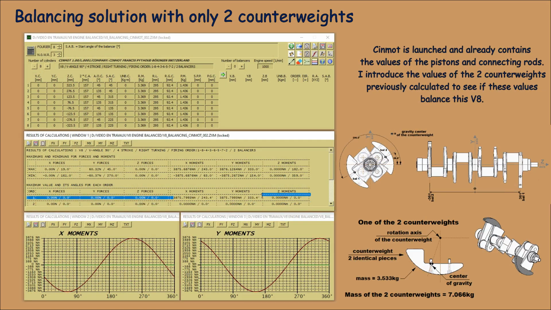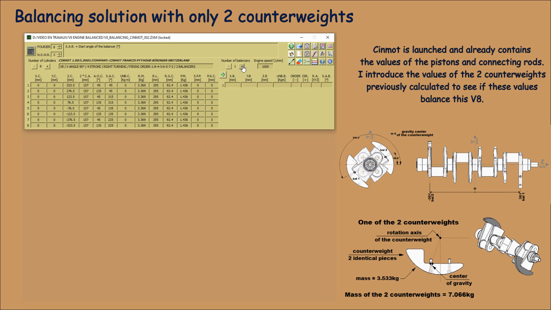Cinmot is launched and already contains the values of the pistons and connecting rods. I introduced the values of the 2 counterweights previously calculated to see if these values make it possible to balance this V8.